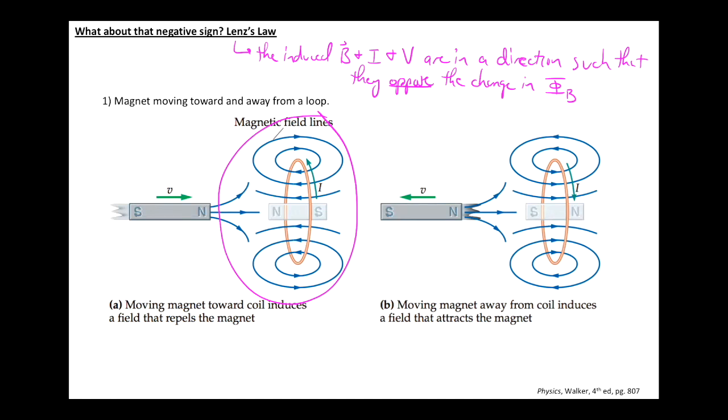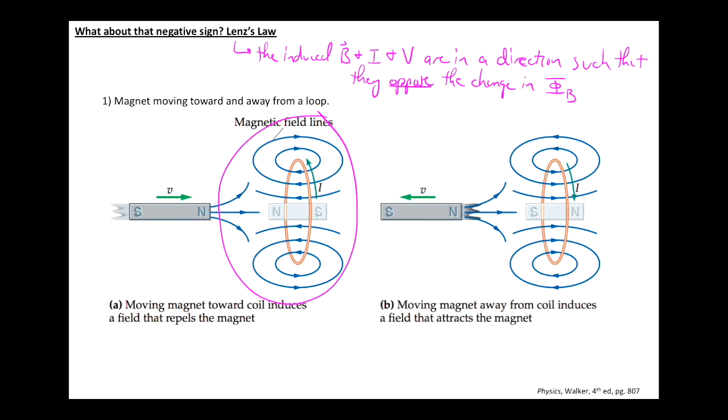So if you think of the magnetic field as coming out of the north end of the magnet and passing through the loop to the right, that's what's growing as the magnet approaches. So maybe the loop started with no magnetic field, and now all of a sudden all these field lines that are going to the right are increasing in strength as the magnet approaches.